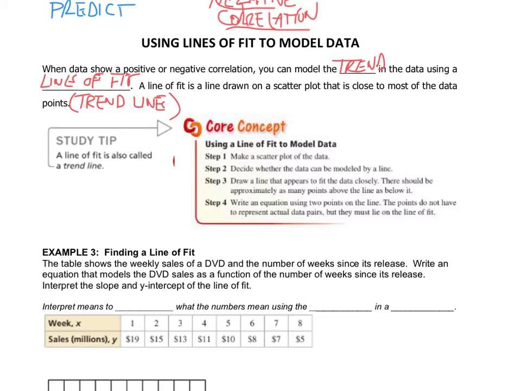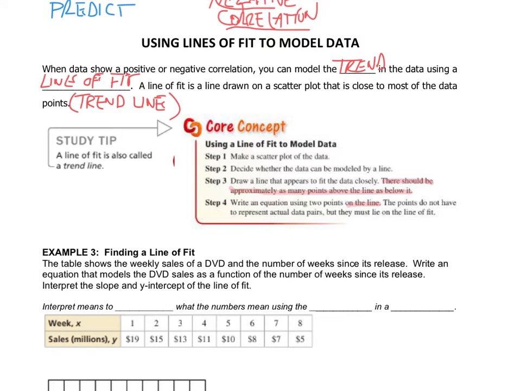There should be approximately as many points above the line as below the line. Okay? You're not going to hit every point or else it wouldn't be a straight line anymore. Then, knowing what we know about slope-intercept form or point-slope, we're going to write an equation using 2 points and key here on the line.